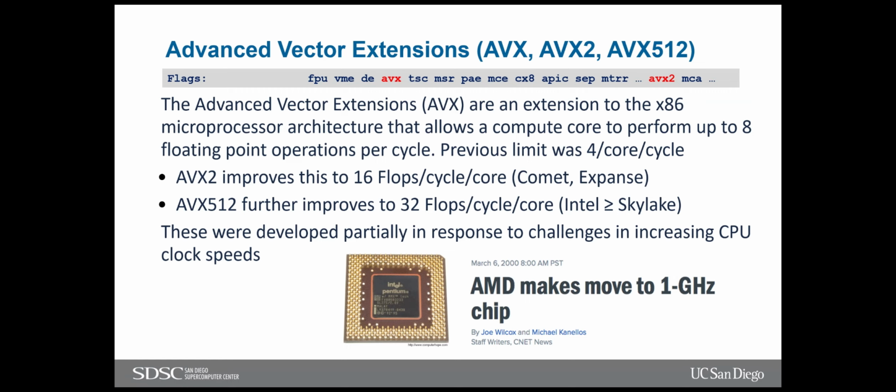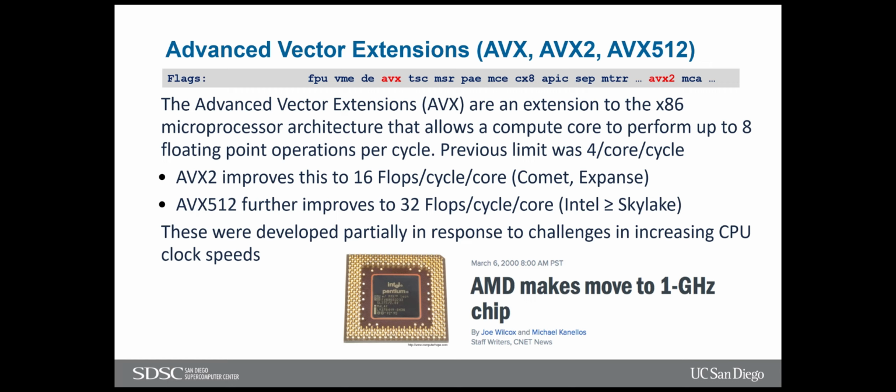These instruction sets, again theoretically, allow you to improve your performance. Going from nothing to AVX, you can theoretically improve your performance by 4 flops per cycle. If you use AVX2, you can go up to 16 flops per cycle.